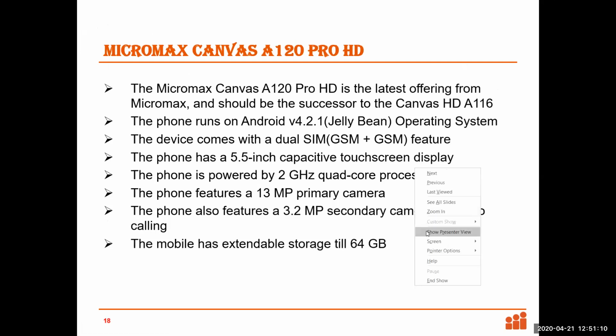Next, show presenter view. This is very helpful when you have a secondary monitor connected. You are projecting it on a different screen. Then this presenter view is very helpful. Let me choose it. The presenter view allows you to take care of all these things in the back end, while the audience will be looking only at the slide that you're displaying.